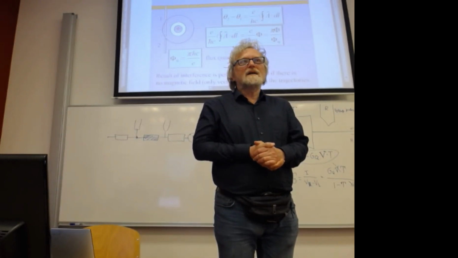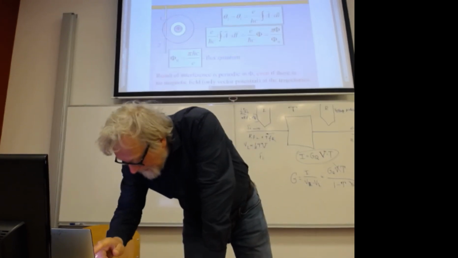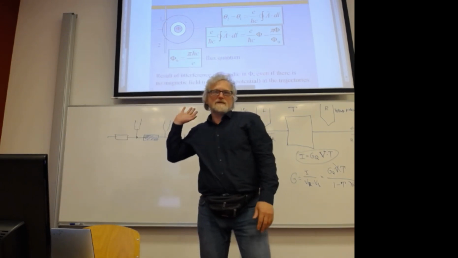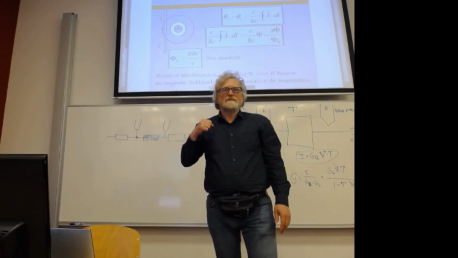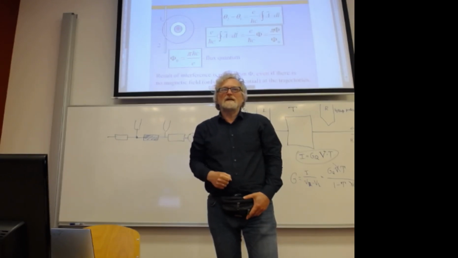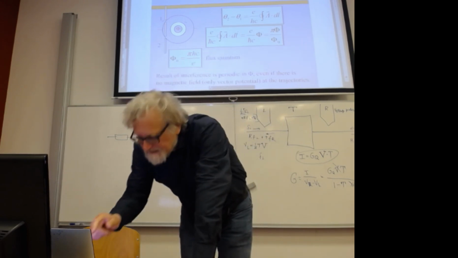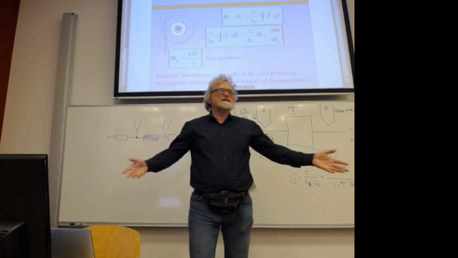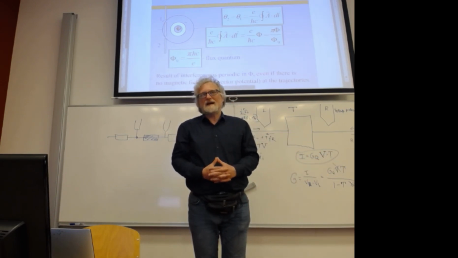So how does it go? We still have the double slit experiment, but next to the double slit we put a coil. Current goes through the coil and creates magnetic flux inside the coil, and it doesn't create any magnetic field outside.